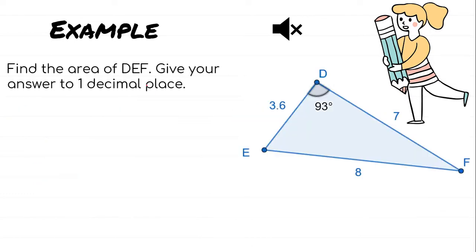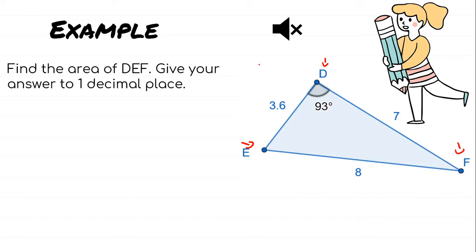The next one, area of DEF. Don't be put off by this notation, by the way. When it says find the area of DEF, it means we've got this point here, D, this point here, E, and this point here, F, and the 3 points have been connected together to make a shape. In this case, there's 3 points, so it would be a three-sided shape, a triangle.